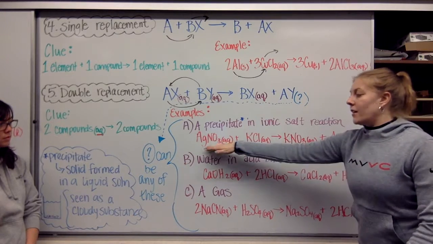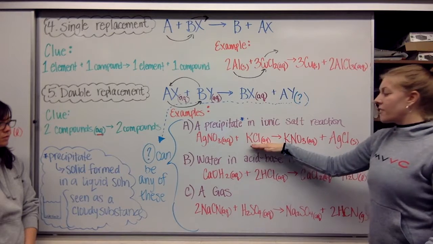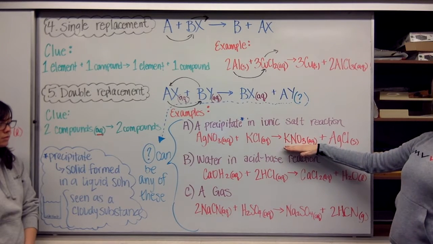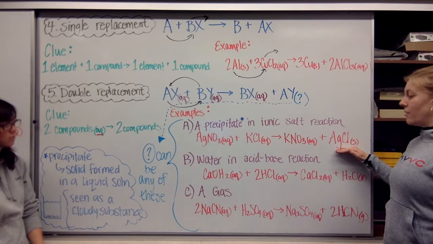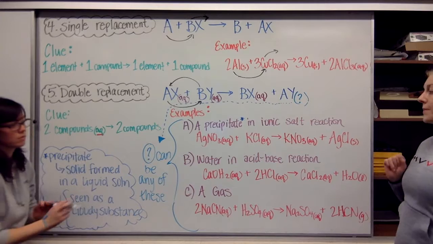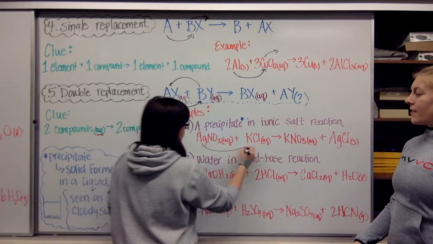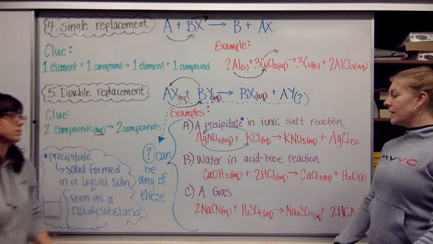We have ionic salts coming together to produce, right, two compounds that are aqueous, to produce an aqueous compound and a solid compound, right? So silver chloride here is our solid that's formed. Ag kicks out K, potassium kicks out silver, okay?